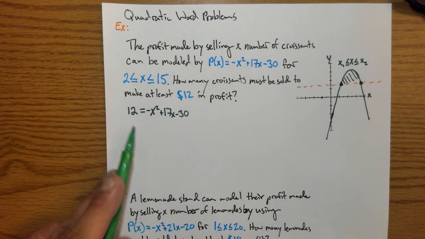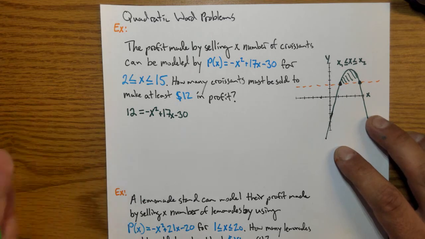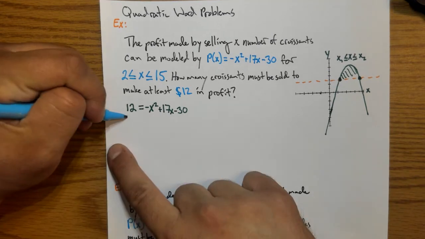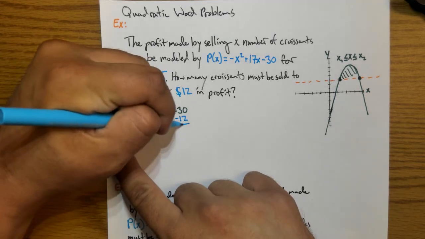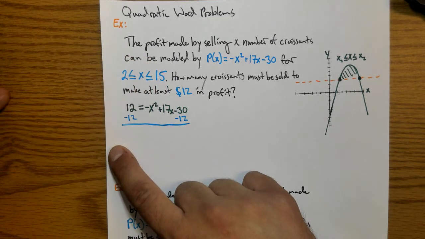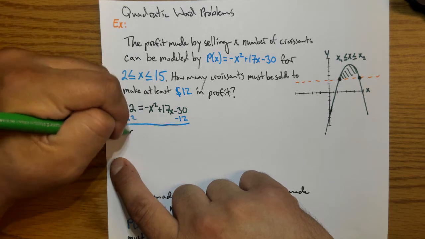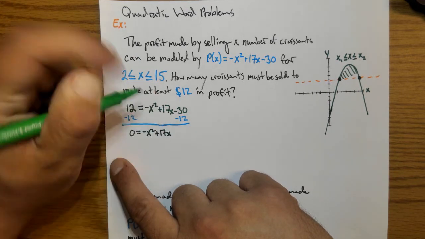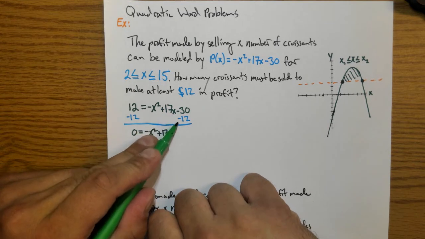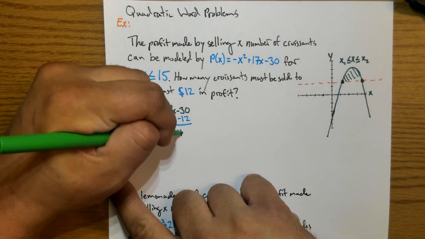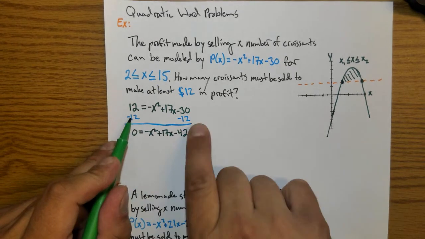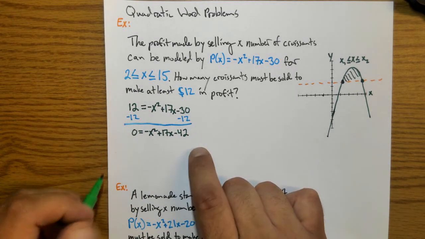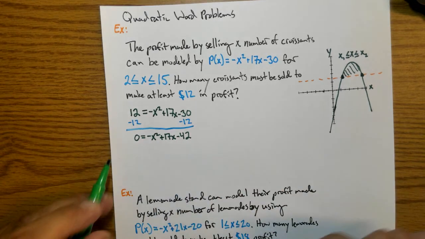So once we have set it up, let's move everything off to one side, which means I'm going to now subtract 12, which is 0 equals negative x squared plus 17x, negative 30 minus 12 is negative 42. And remember, when we subtract, we can only subtract like terms. So we're subtracting the constant from the constant. So now this is our new function.